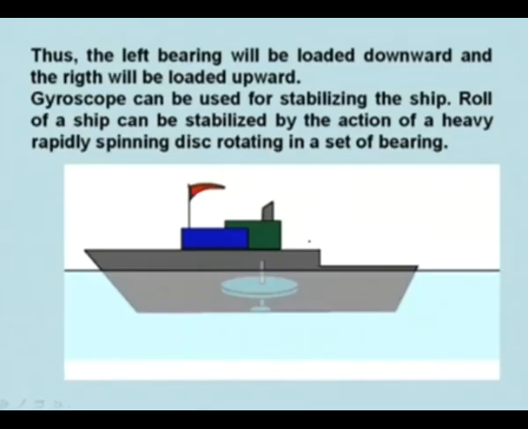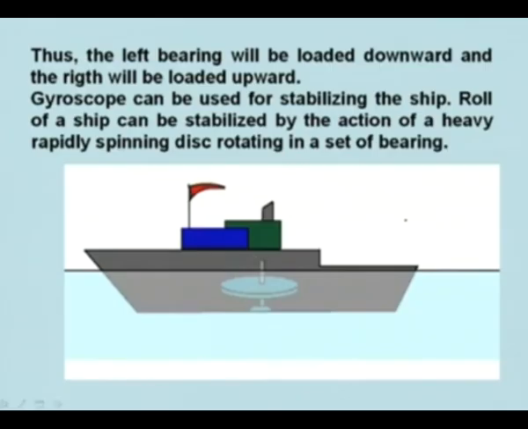Now a gyroscope can be used for stabilizing a ship. The roll of a ship can be stabilized by the action of a heavy, rapidly spinning disc rotating in a set of bearings. This is the ship, and here you have put at the bottom a horizontal rotor, rotating about a vertical axis like this.